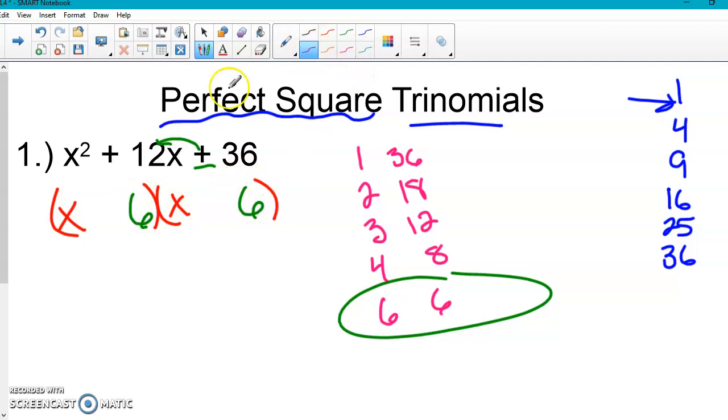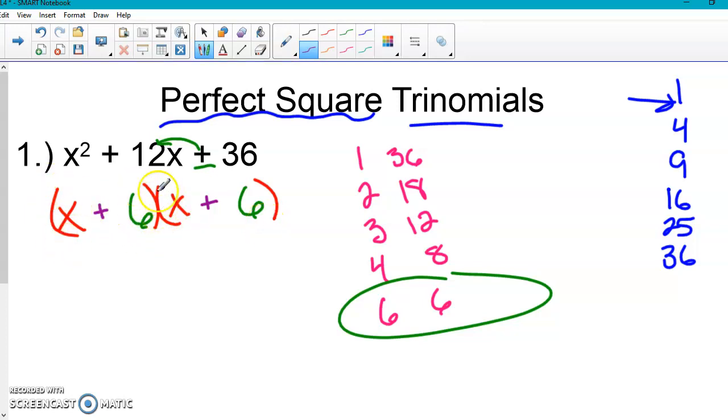Now our rules for the signs. If your second sign is positive, these signs will be the same. You look to the front to see what they're both going to be. So these are both going to be a plus sign. Let's take a bigger look at what our answer looks like. We have x plus 6 and x plus 6. They're exactly the same.